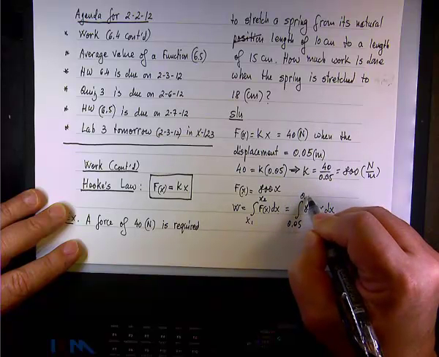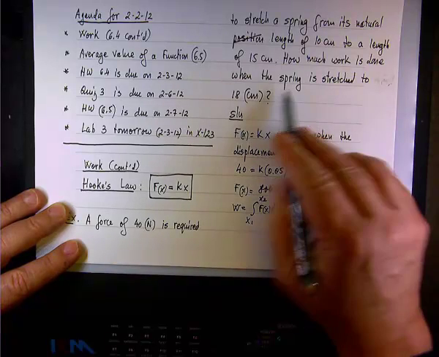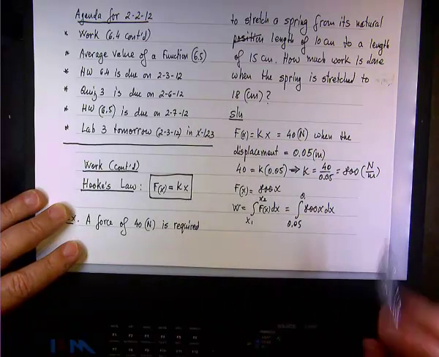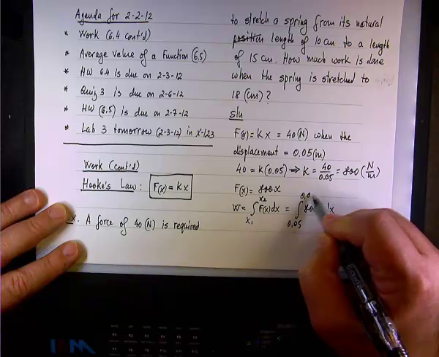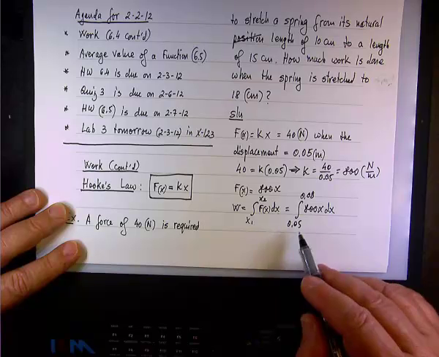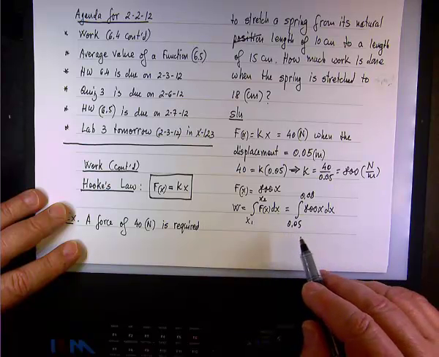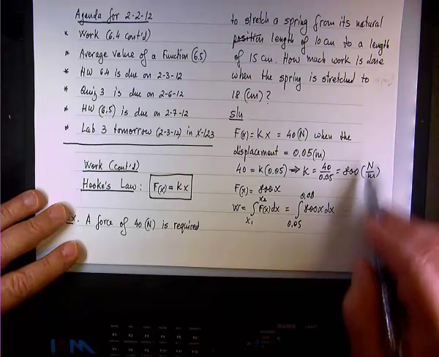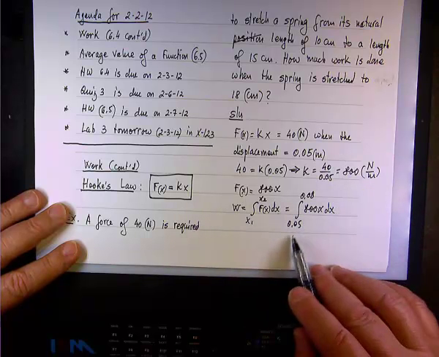I'm sorry? The natural length is 10, and 18 centimeters minus 10 is 8 centimeters. 8 centimeters is 0.08 meters. The natural length is 10 centimeters. Remember, our units are Newton per meter.